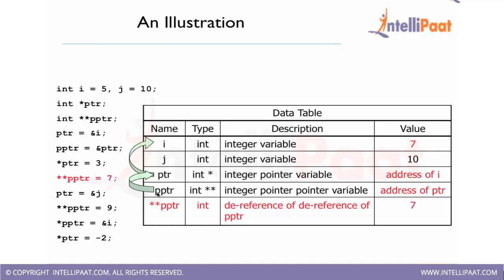First I get the address of ptr, and then I change the value at that address equal to 7. So now I will become 7.